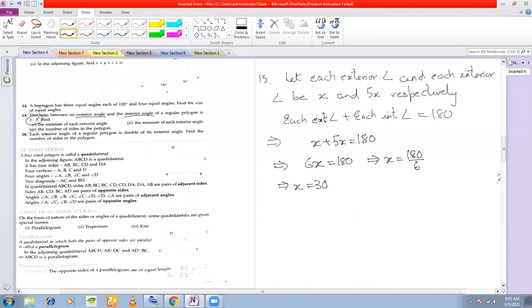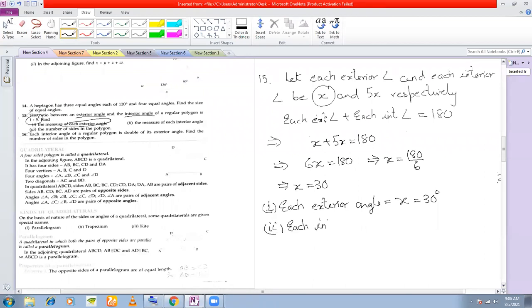Therefore, what is the first question? Find the measure of each exterior angle. Therefore, this is, let's say, number 1. Each exterior angle, what is the measure of each exterior angle we have taken? x, which is equal to 30 degrees. Second question is each interior angle.